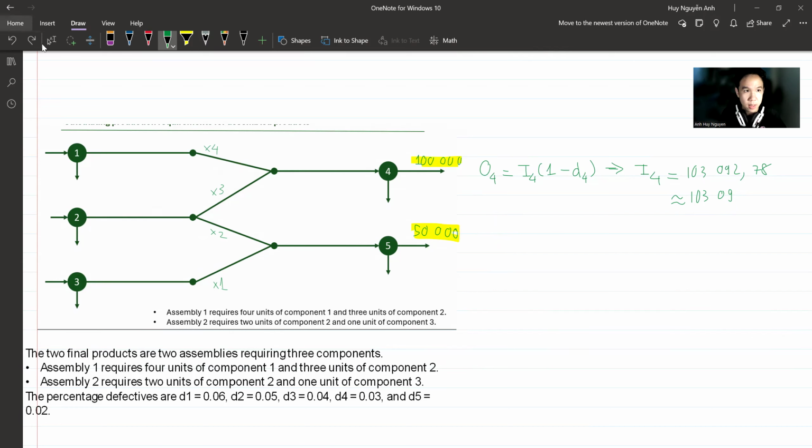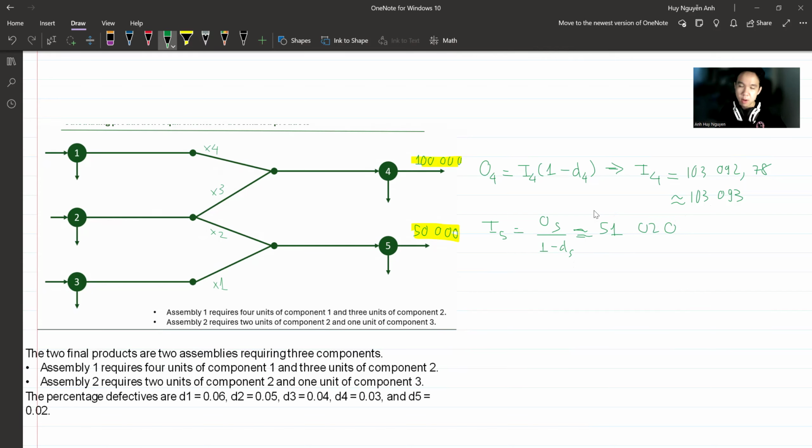So we can calculate I5 by O5 divided by (1 minus 0.02), which gives 51,020.